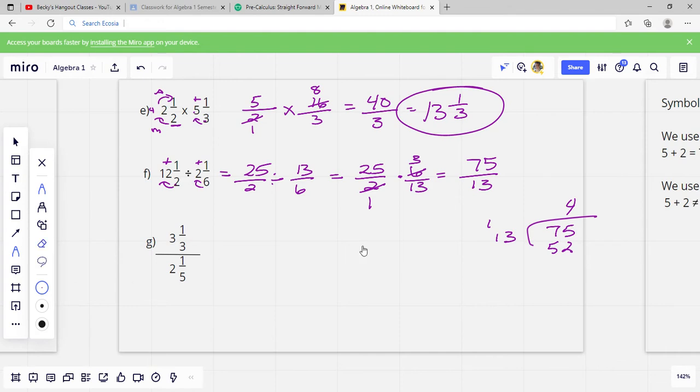I think we can go higher than that. Let's try 5. 5 times 13 is 65. We'd have 10 left over. So that would be 5 and 10 thirteenths.